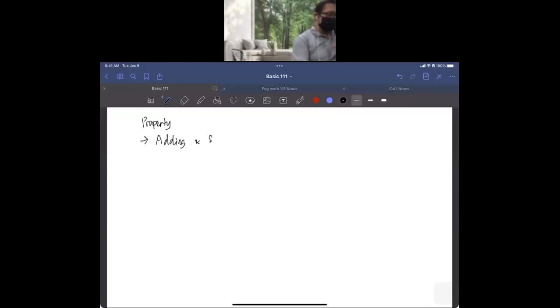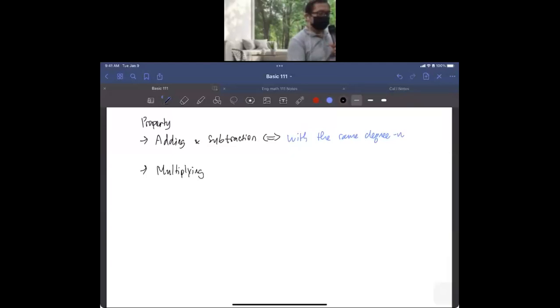Adding and subtraction with the same degree n. Another property is multiplying algebraic expressions.